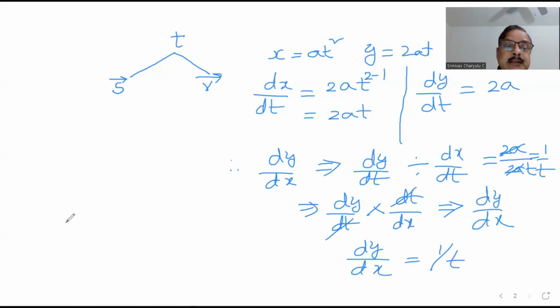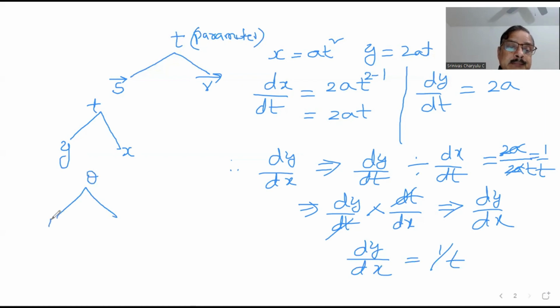So what have we done here? We have seen both the functions and then independently differentiated them with respect to the parameter. What is the parameter? t is called a parameter. This is also called the third variable. So right now, because we are calling y and x, both will be connected to third variables, either t or sometimes angle theta.